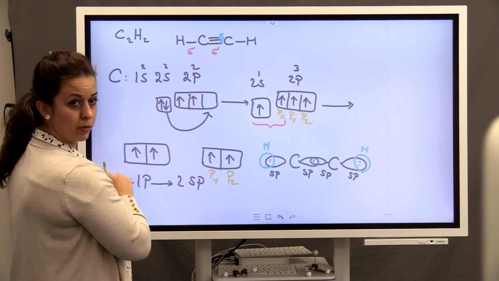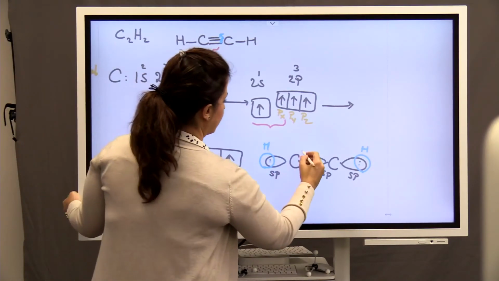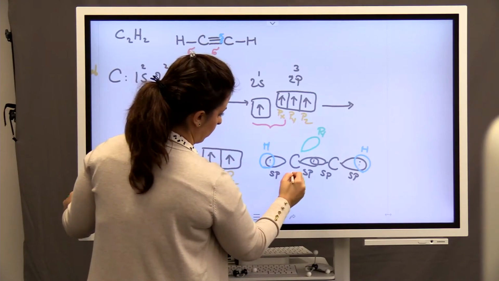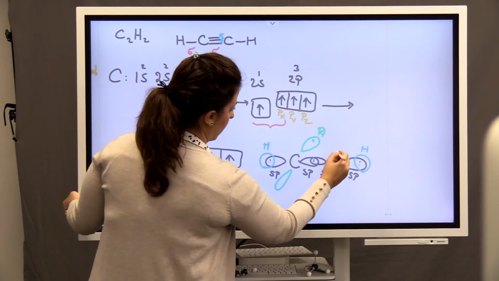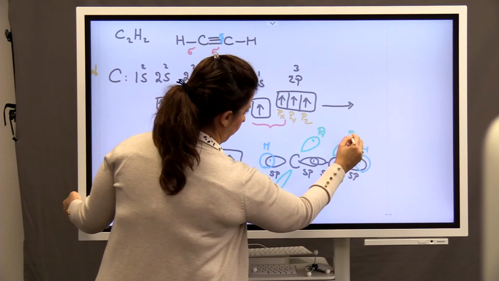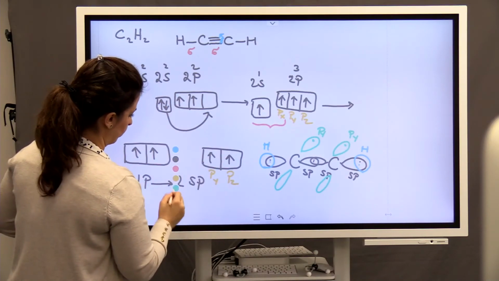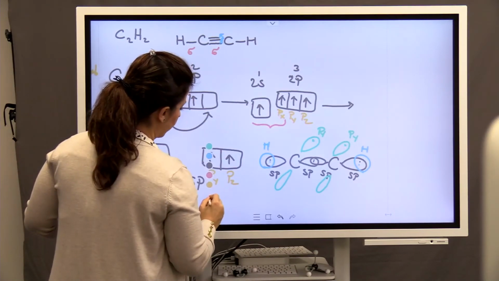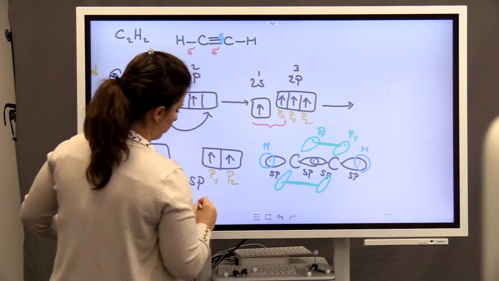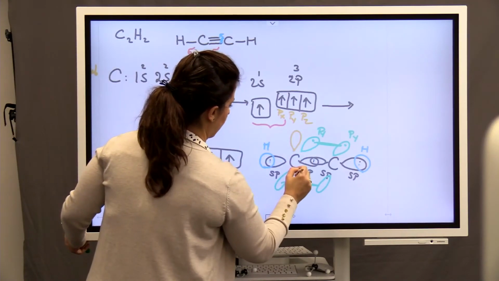2 leftover p orbitals, right? So let me show them with different colors. Let's say this is py. How many electrons do you have in it? 1. And this is the py on this one. Right? You also have a pz. So there is overlap between py orbitals and also pz. This is the z-axis.